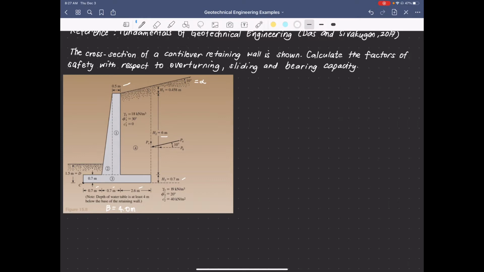We have a unit weight of 18 kilonewton per cubic meter, an angle of friction of 30 degrees, and the cohesion of 0. So this is sandy soil. And this is on the active side of the wall. And we have here another soil on the passive side having a depth of 1.5 meters.